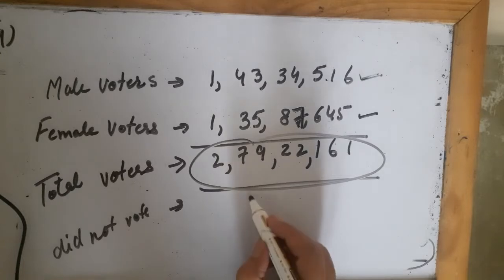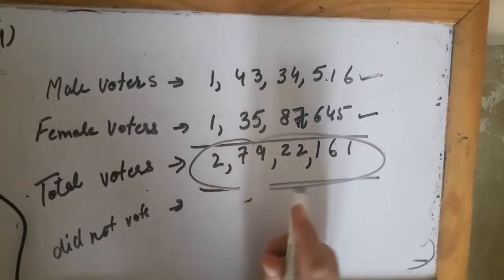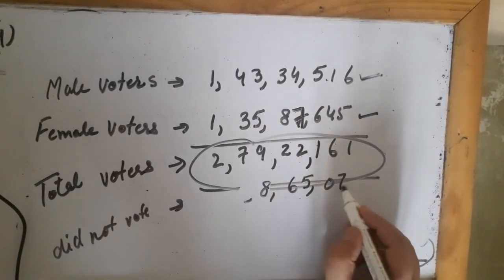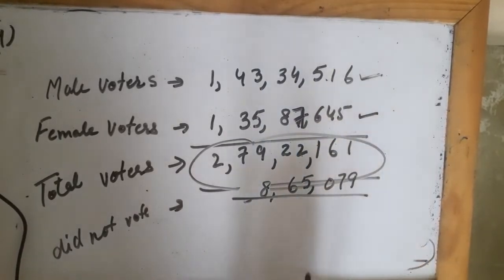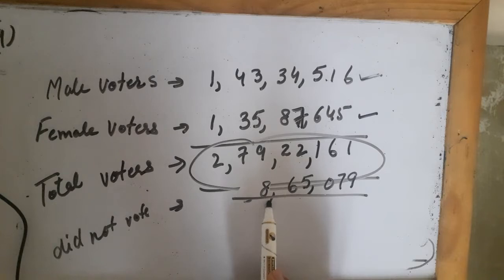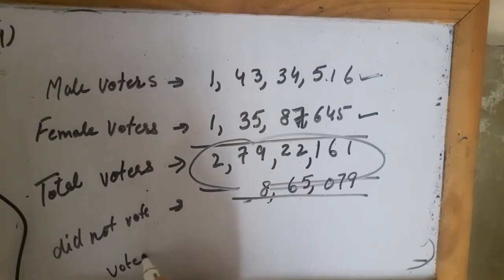There were 8 lakhs, so 8,65,079 voters did not vote. So total voters were around 2 crores and out of them 8 lakh voters did not vote. So how much voted in that election?